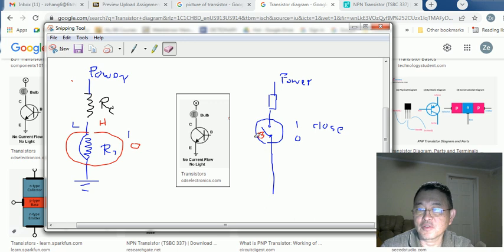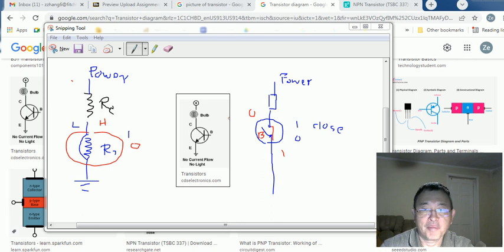In other words, if this is 1, this is closed, and this will be low. If it is 0, this will be open. I think you got it already. So 0 means open, 1 means closed. When closed, of course current passes. So now you probably see that.